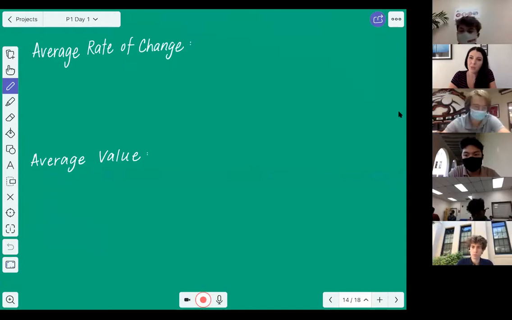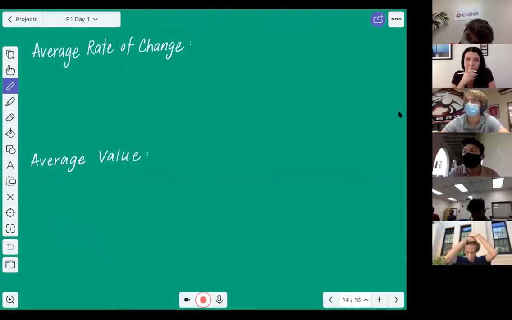Okay, sort of. How fast something's changing at a moment would be an instantaneous rate of change. Oh, right, how fast it's changing over a period of time. That's true. Okay, does anyone think they have another explanation or an equation or anything that would represent average rate of change? Noah, go ahead.